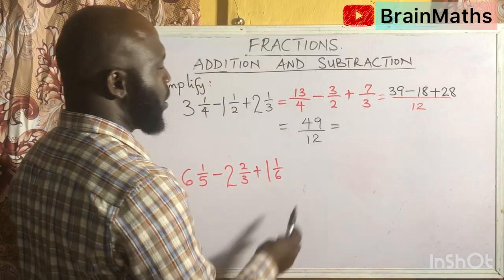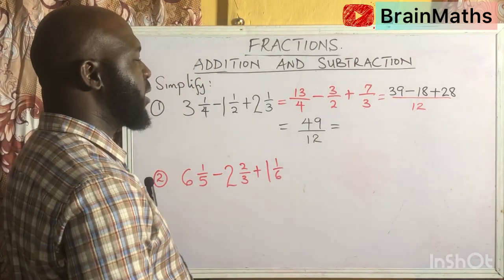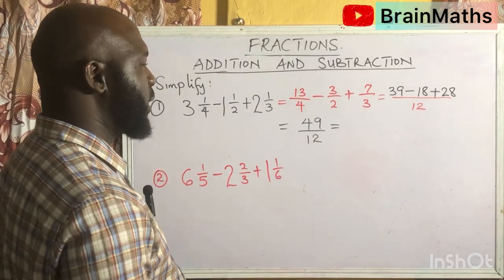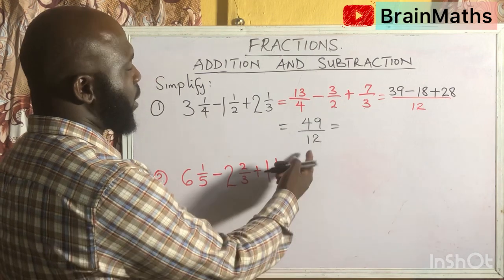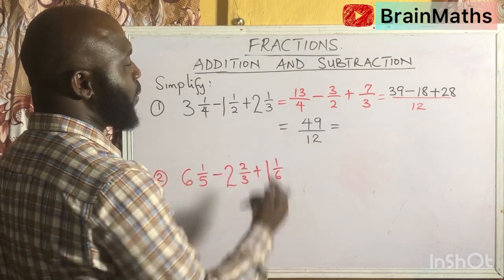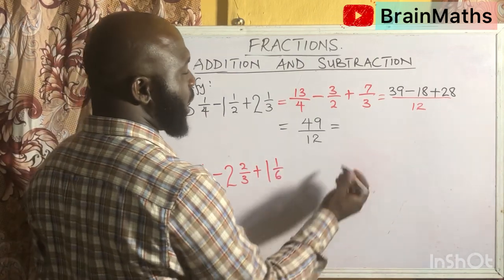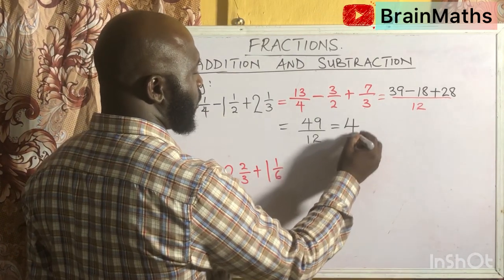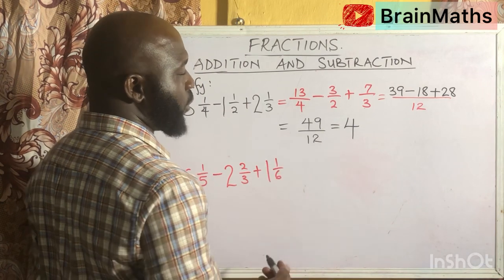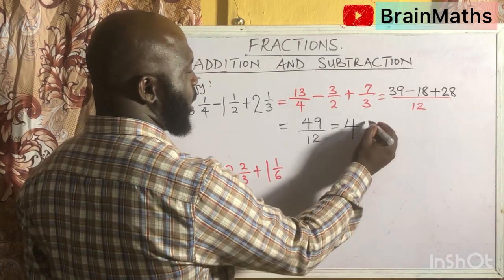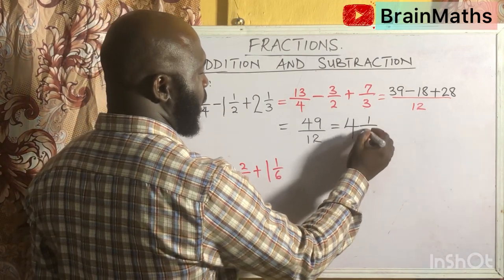So can we possibly divide this by any number? It is not possible. But can we get 12 in 49? Yes. How many 12 can we get in 49? That is 4. 12 times 4 will give us 48. Remainder 1 over 12.